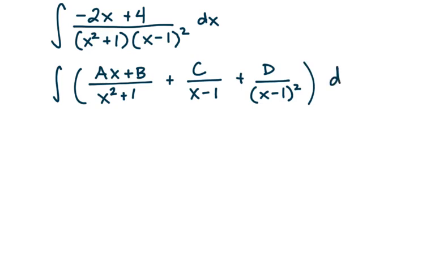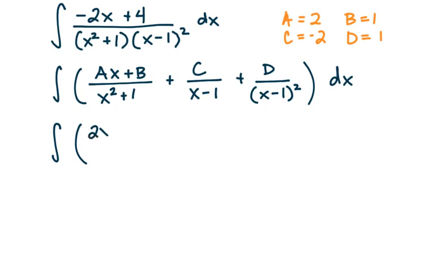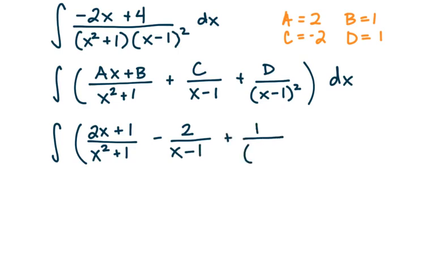Now, we found on our previous slide our a, b, c, and d values. We said that a is 2, b is 1, c is -2, and d is +1. So that means we're left with integrating 2x plus 1 over x squared plus 1 minus 2 over x minus 1 plus 1 over x minus 1 quantity squared.